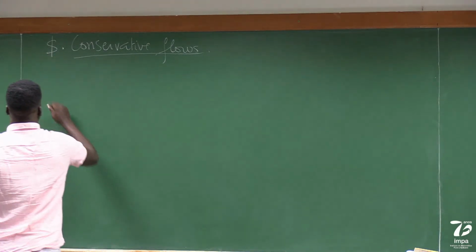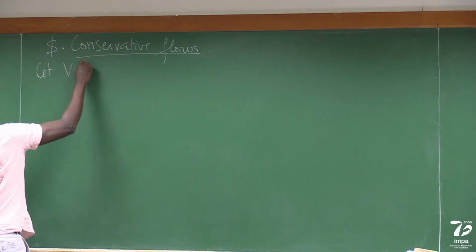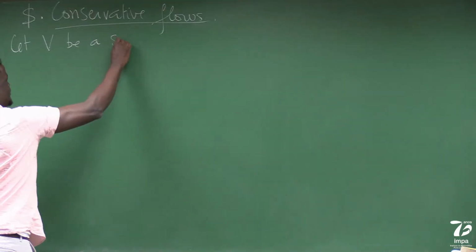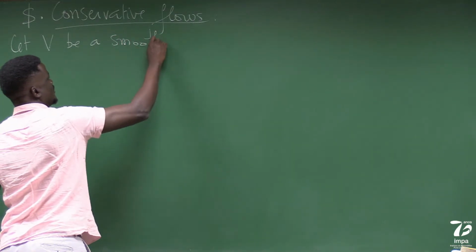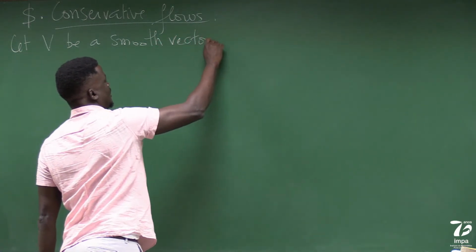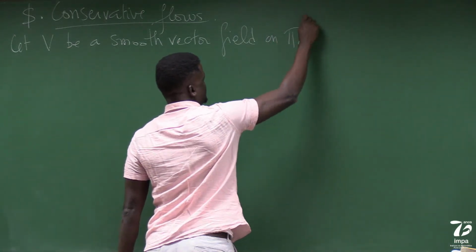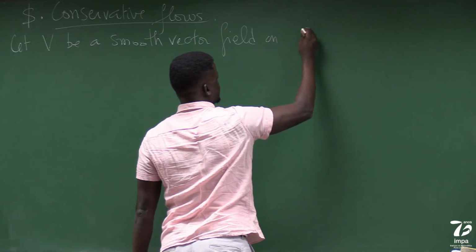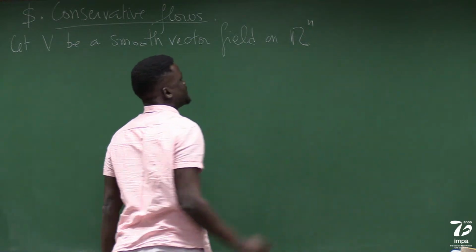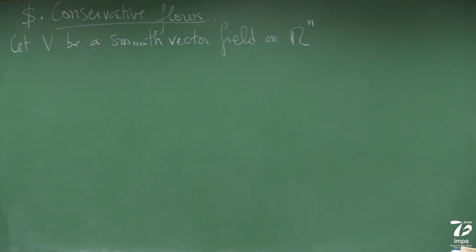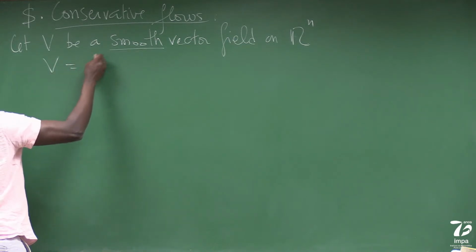Okay, so let V be a smooth vector field on Rn. When I say smooth, usually I mean C infinity. See that V can be written in coordinates.